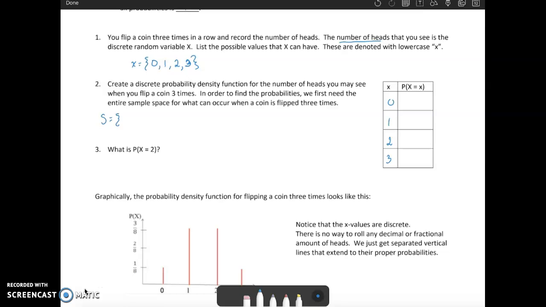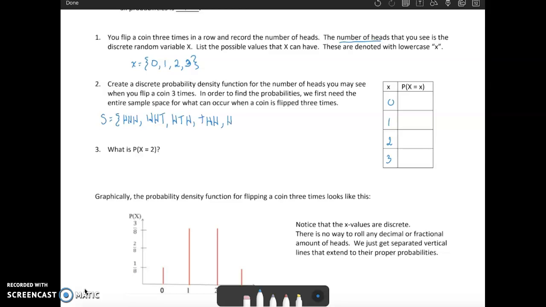So we might see heads, heads, heads. We could also see heads, heads, tails, or heads, tails, heads, or tails, heads, heads. That would be all the different ways we could still see 2 heads but 1 tail. Then what if there is only 1 head?